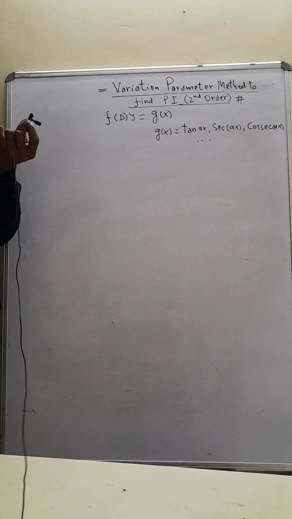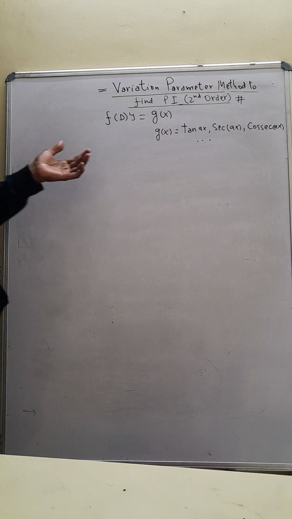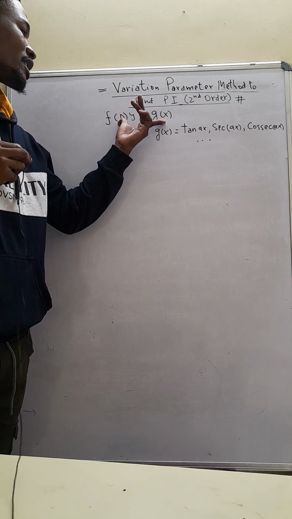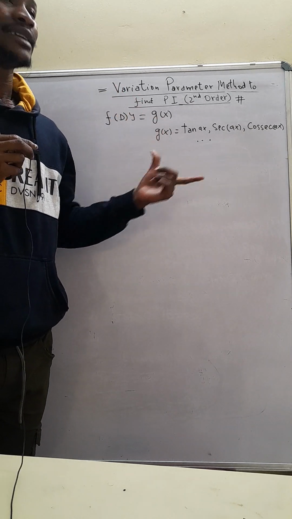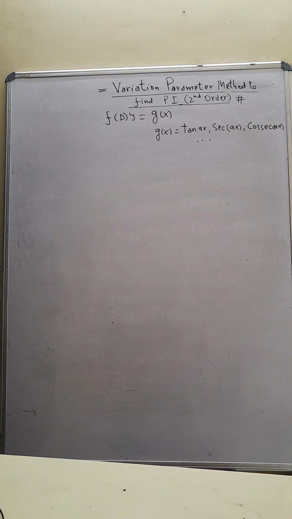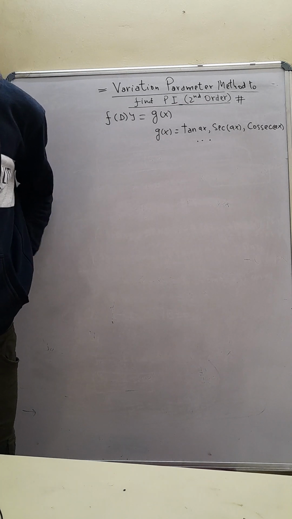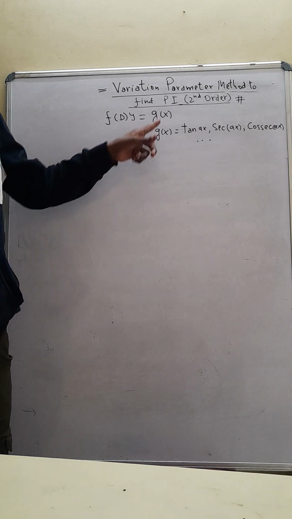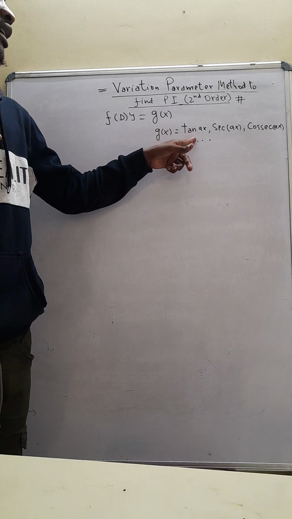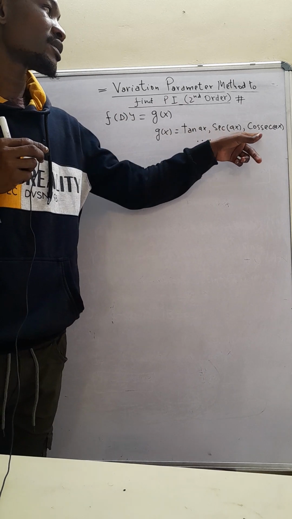Okay, so in the variation of parameters method, nothing will change. The equation is like this, but this one is a specific method, and it is applied specifically whenever you see that your g of x is tan of ax, sec of ax, cosec of ax.